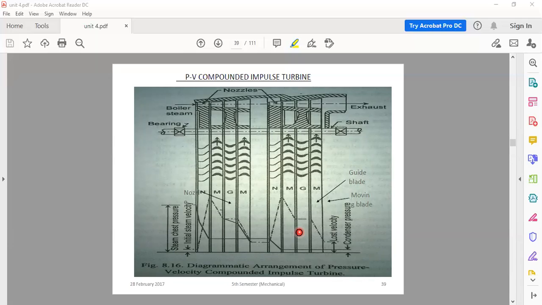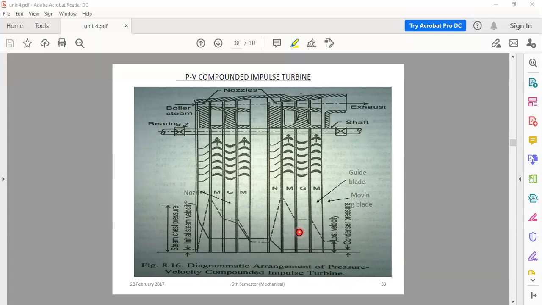In the moving blade, velocity decreases and pressure is constant. After that, steam passes over the guide blade. In the guide blade, both parameters of the steam are constant. Also, we have used a moving blade. In the moving blade, kinetic energy or velocity decreases and pressure is constant.